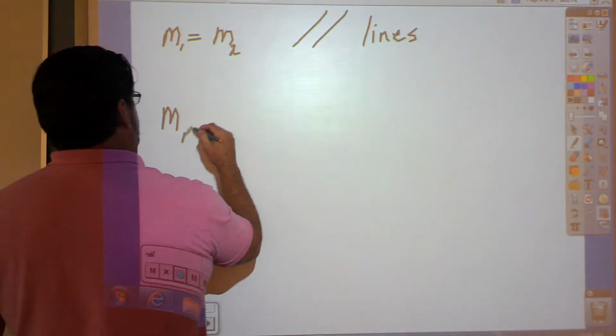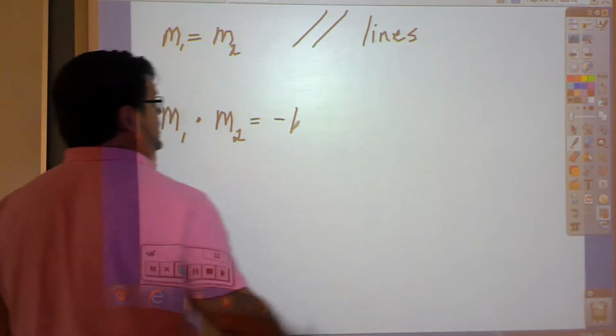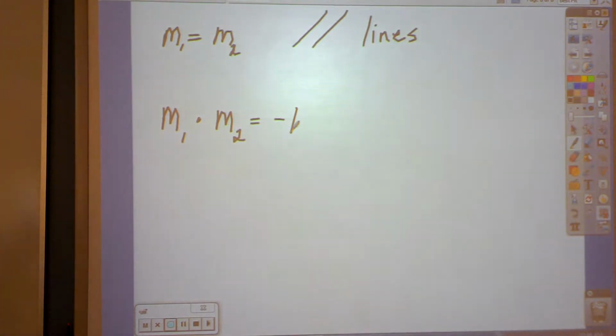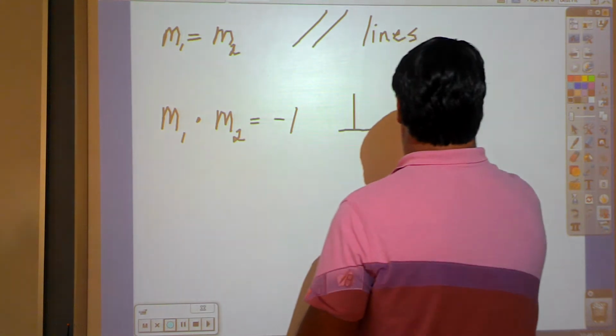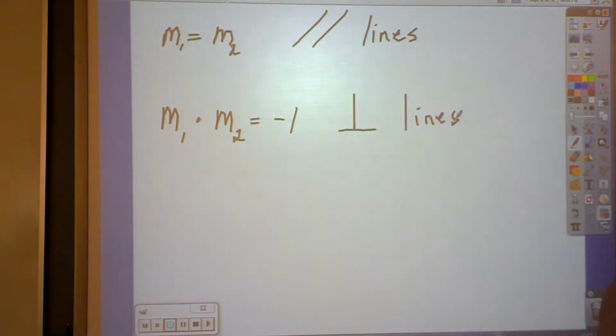If m sub 1 times m sub 2 is equal to -1, in other words, if you solve for y, you got 2 equations, and one slope is the opposite reciprocal of the other, opposite sign and the reciprocal of the other, then you have perpendicular lines. Let me give you an example of the first one.